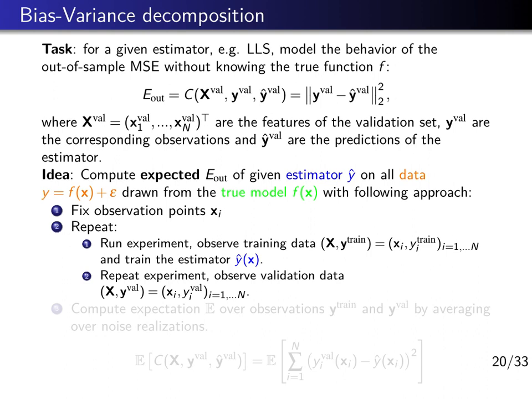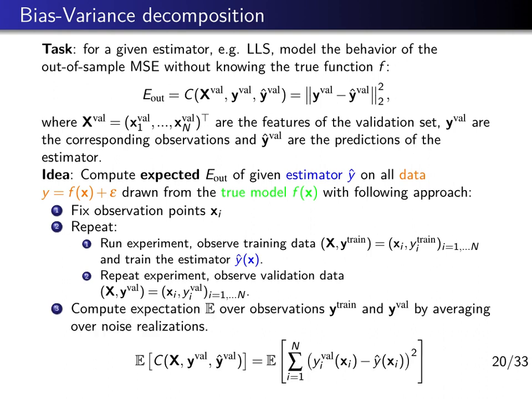So now we can compute the validation error. And now we do this many times, and we compute the expectation value over many noise realizations. So we compute the average out-of-sample error by repeating this experiment. And this is something that we can evaluate for simple estimators like the linear least squares estimator. And for this, we can actually go into quite some detail and analyze the mathematical form of this average validation error.